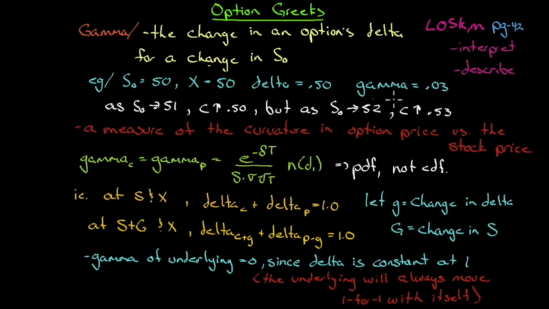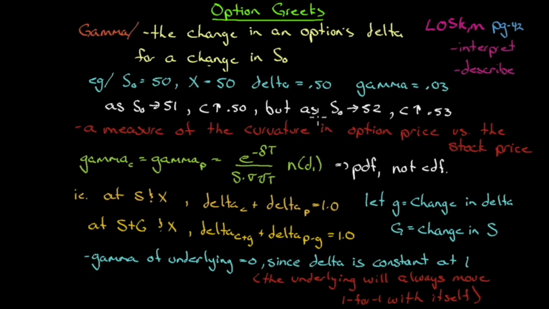All I'm about to show you is how gamma comes into play. So we said that delta will tell us the change in the value of the call for small changes in the value of the underlying. So if the underlying goes from 50 to 51, being that we have a delta of 0.5, we'd expect the call to go up by 50 cents.